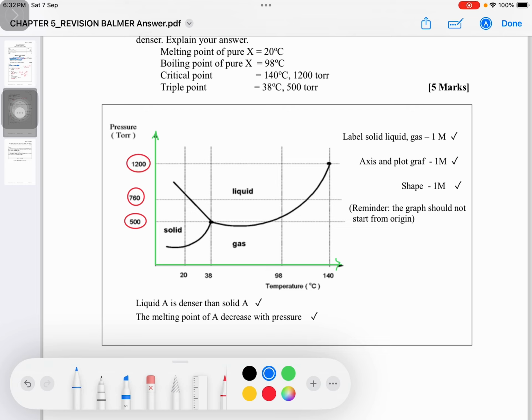For temperature, we mark 20 degrees Celsius, 38 degrees Celsius, 98 degrees Celsius, and 140 degrees Celsius.